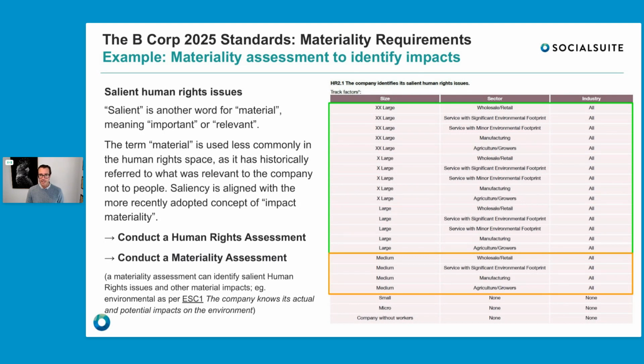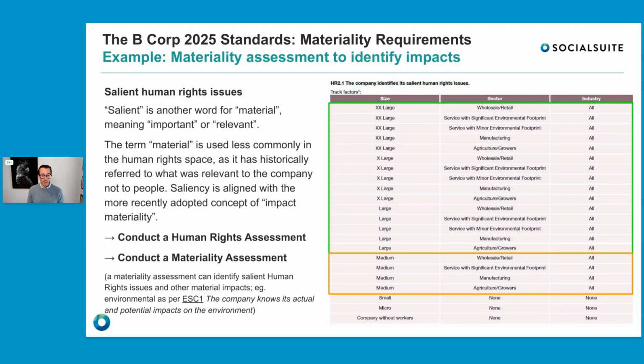What we see here is that, yes, extra large and large companies in different sectors, but all industries, will need to do this exercise. But we also see that a number of medium companies in specific sectors will need to do this. Now, what you might want to do is a specific human rights assessment to work this out. But if you also look at the other standards, you'll find there are more requirements.